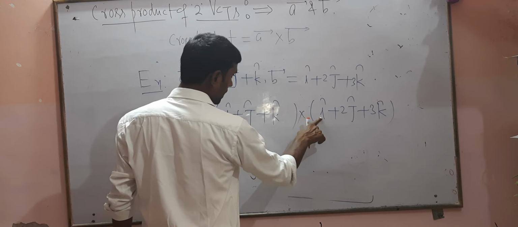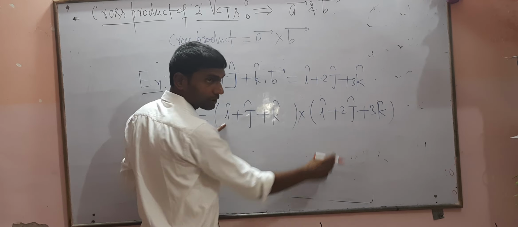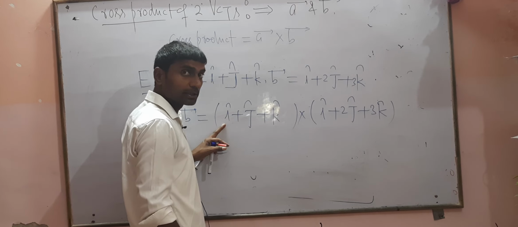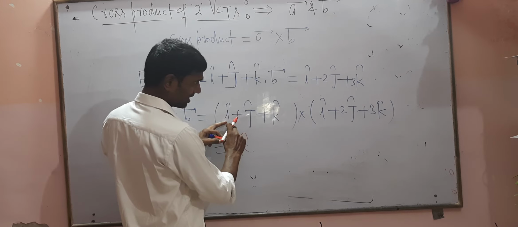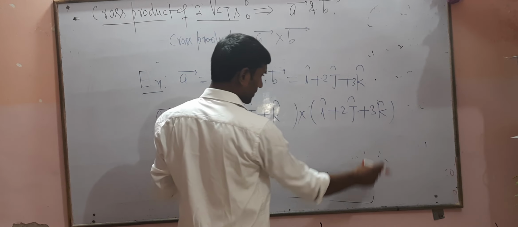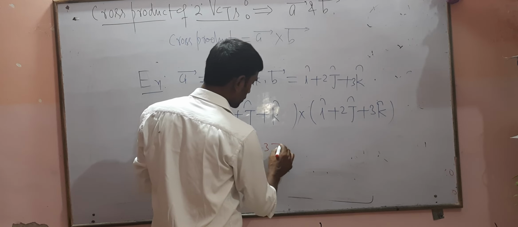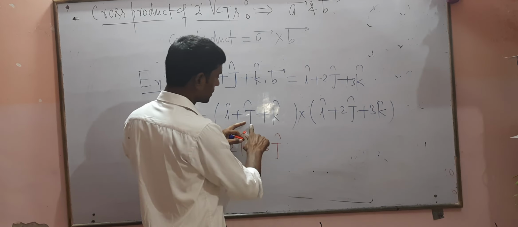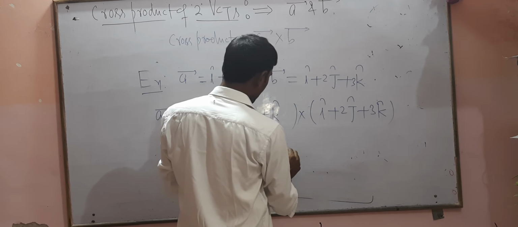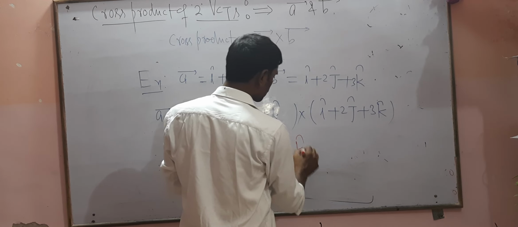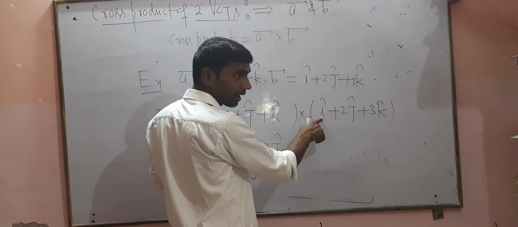So i cross i is 0. i cross j is k cap, so 2 times k cap. And another, i cross k is minus j cap, so minus 3 into j cap. Next, j cap cross i cap will be minus k cap, because the orientation of j and i is changed.